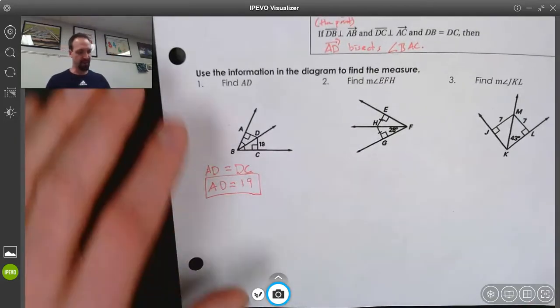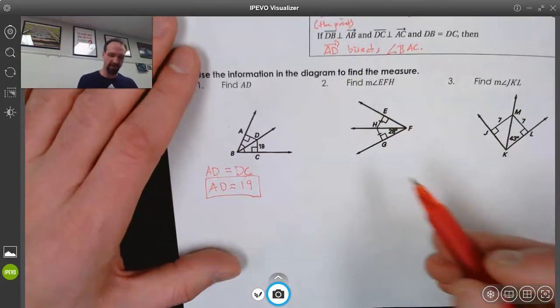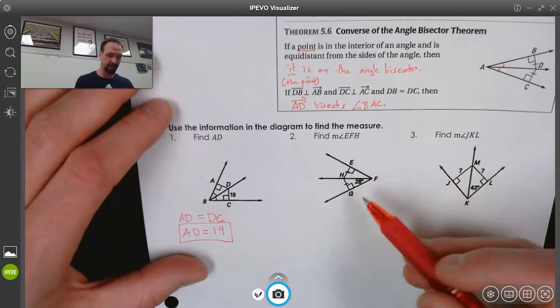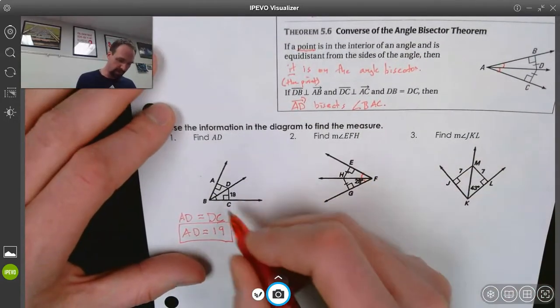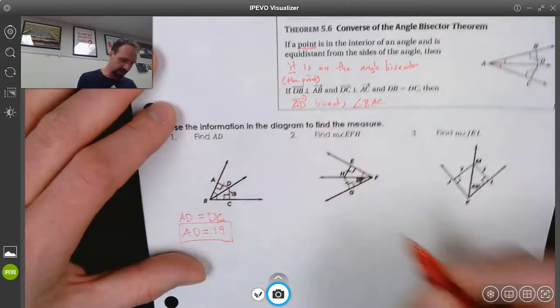For this next one, it says find the angle measure of EFH. This one fits your converse theorem. So I know that these two are congruent here. I'm actually going to mark that. I should have marked this on the other one too, like that.